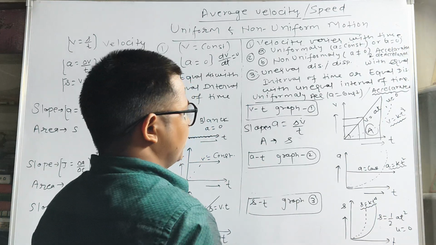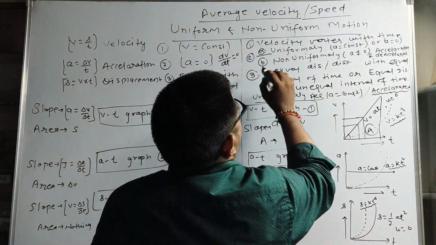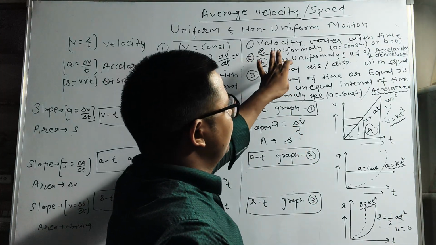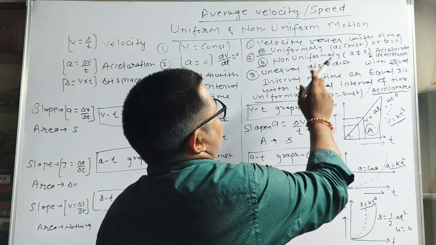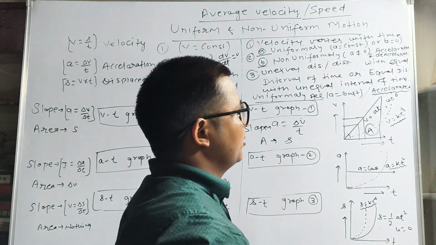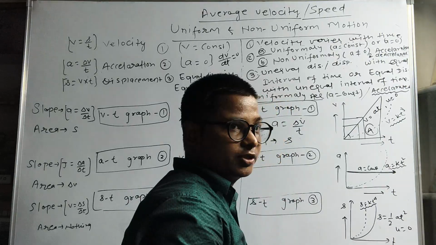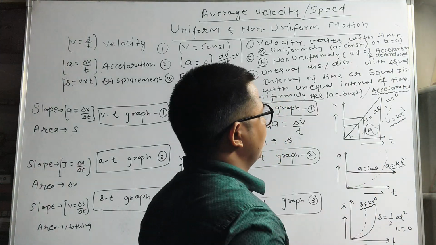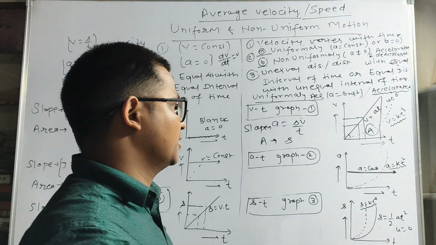In the AT graph, there are two things. First is uniformly accelerated motion, that means acceleration is constant, and second is non-uniformly accelerated or deaccelerated motion. So this is the curve of uniformly accelerated motion, and the dotted line represents non-uniformly accelerated or deaccelerated motion.